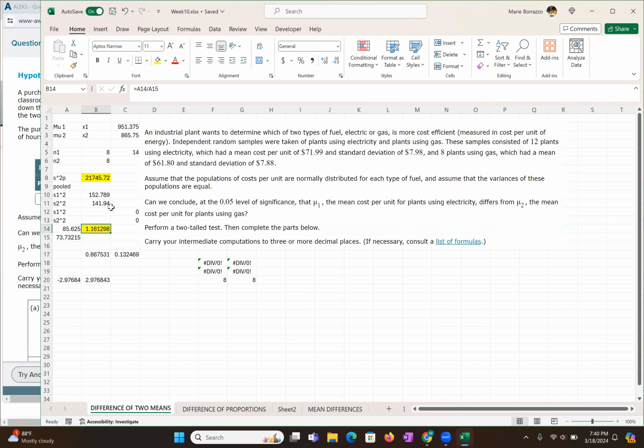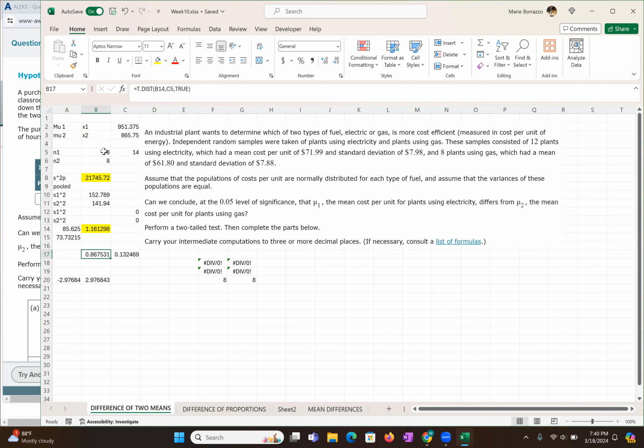And this is the z-score. This is being the square root. So basically these two numbers, 85.625 and 73.7 are being divided. And that gives you this value. This is the p-value. So in this case, it's taking T.DIST. We're using the z-score, which is B14.